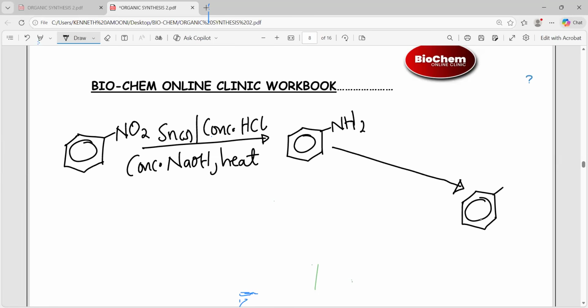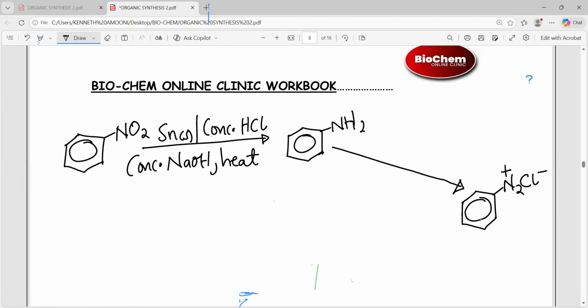You can convert it to benzene diazonium salt. But where did we see that reaction from? We looked at the reaction of this aromatic amine with nitrous acid, but it does not react with nitrous acid directly. Instead, we use sodium nitrite in the presence of concentrated hydrochloric acid.